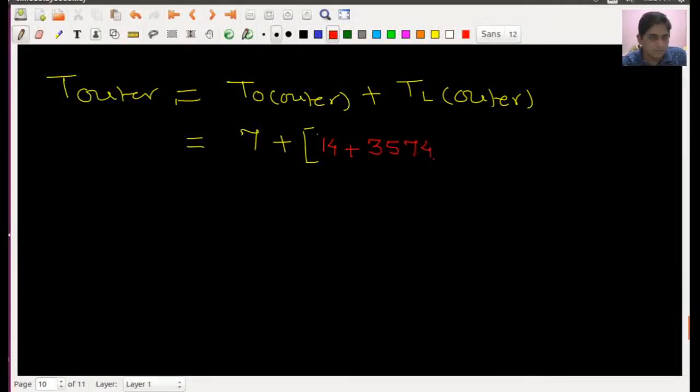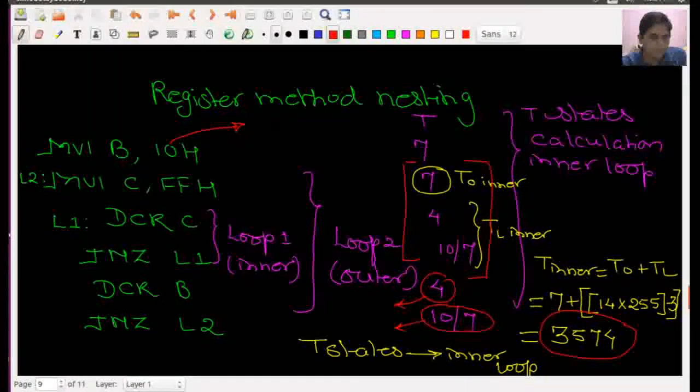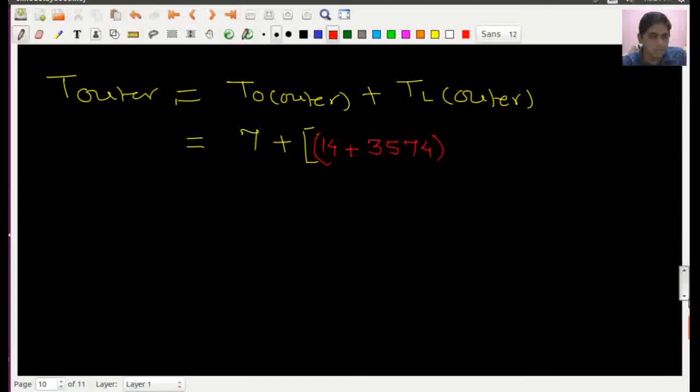And this continuously runs for how much count? The count value is given as 10 in hexadecimal. If we convert this, it is 16 in the decimal number system. For the calculation, we will take the decimal number system. So this is 16.